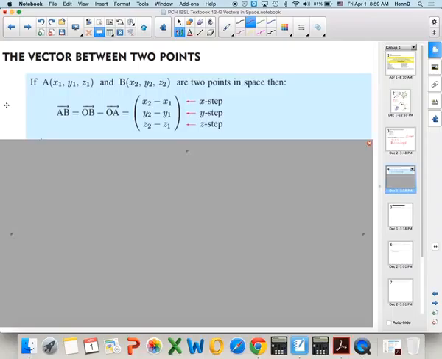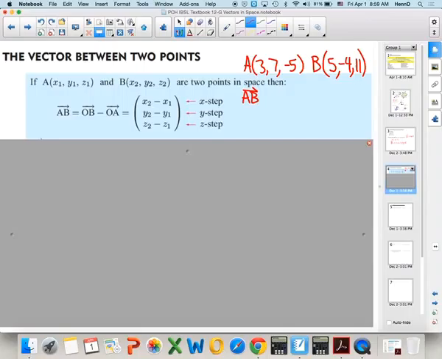So just as an example, let's say I have point A, that is the point (3, 7, -5), and point B is the point (5, -4, 11). Okay? If I want vector AB, and remember we would call this the position vector of B relative to A. Okay?